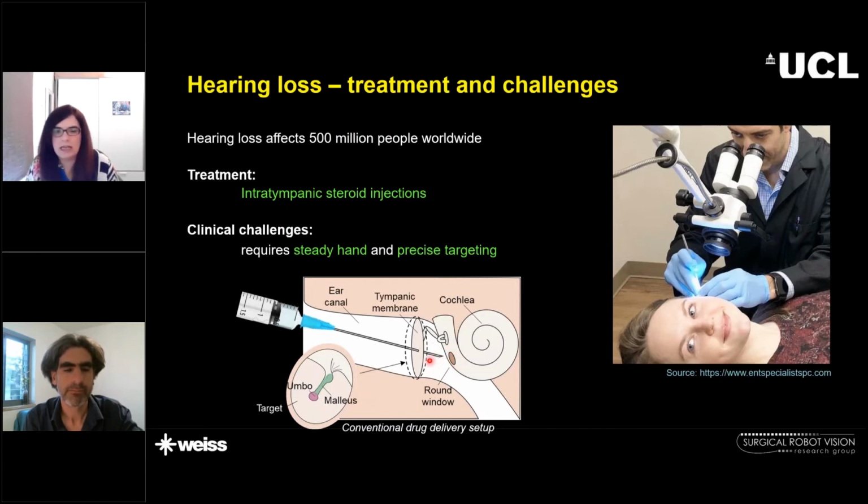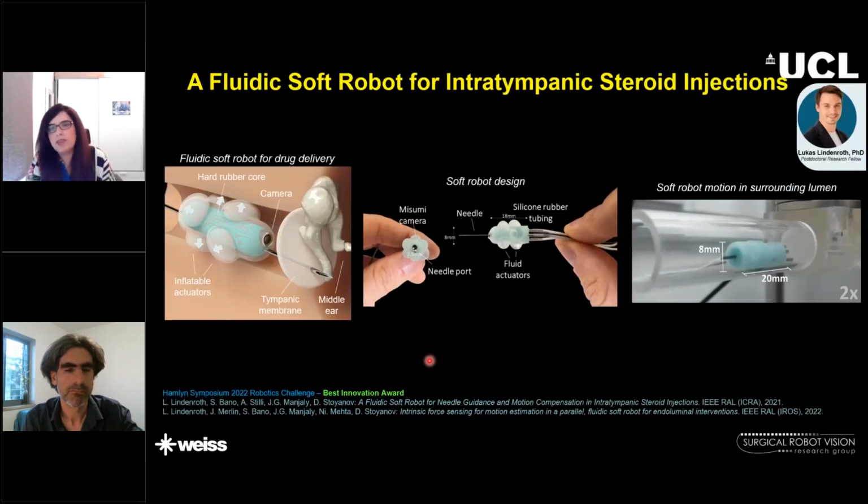Damage in this scenario can even result in permanent hearing loss. So to facilitate our ENT surgeons, we are working in close collaboration with them, and my colleague Lucas has been working on developing and designing this very novel soft robot for intratympanic steroid injections.